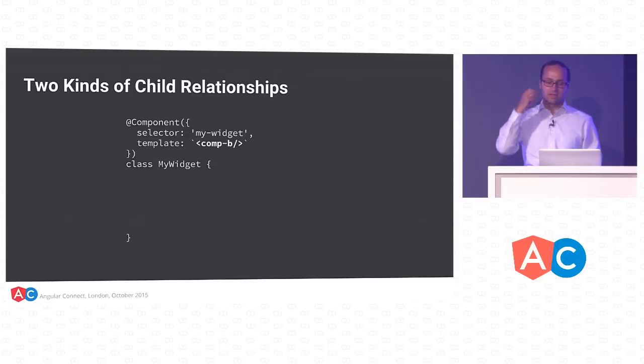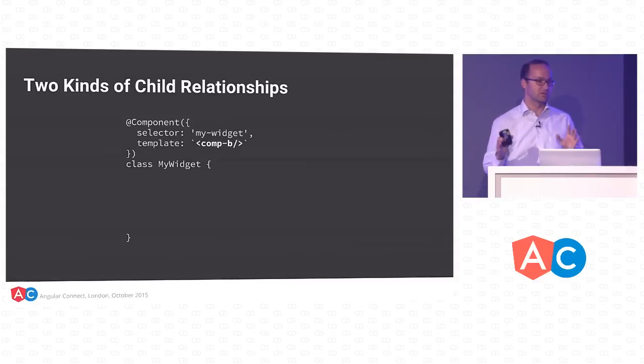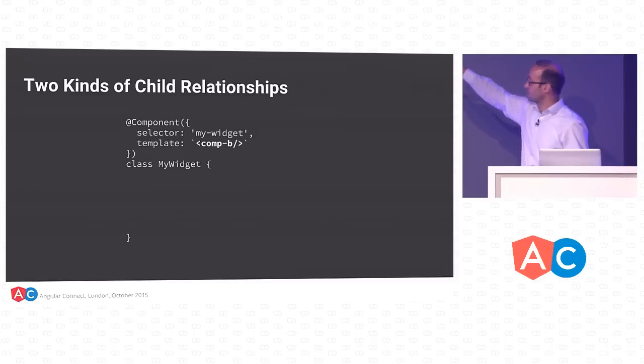So let's look at this ContentChildren a little bit more. Why is it called ContentChildren? So let's generalize our case that we had. We have a tabs component. In general, it's a widget that you want to reuse, right? So here, let's say we have a MyWidget, whatever it does. Let's not care. And the MyWidget uses a component B in its template.